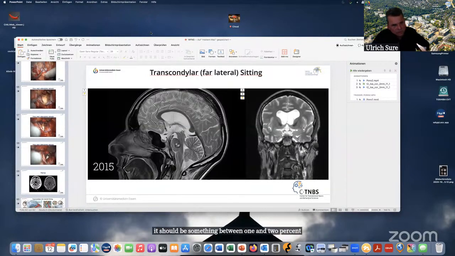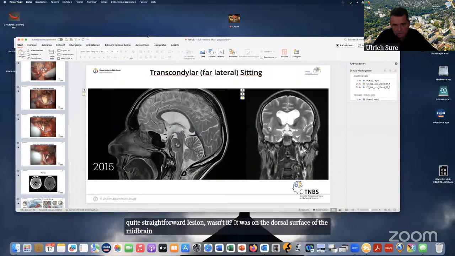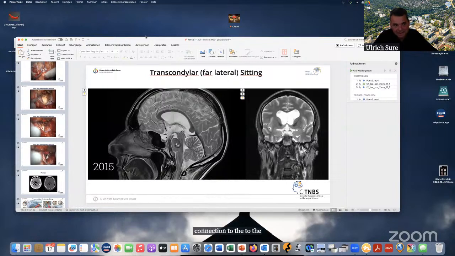And also interesting is, as you have seen, the lesion that I have shown you was quite a straightforward lesion, wasn't it? It was on the dorsal surface of the midbrain, connection to the pons. But this is very close to the upper cerebellar peduncle, and I know, of course, that the Guillain-Mollaret triangle, the connections, the fibers, are running here.